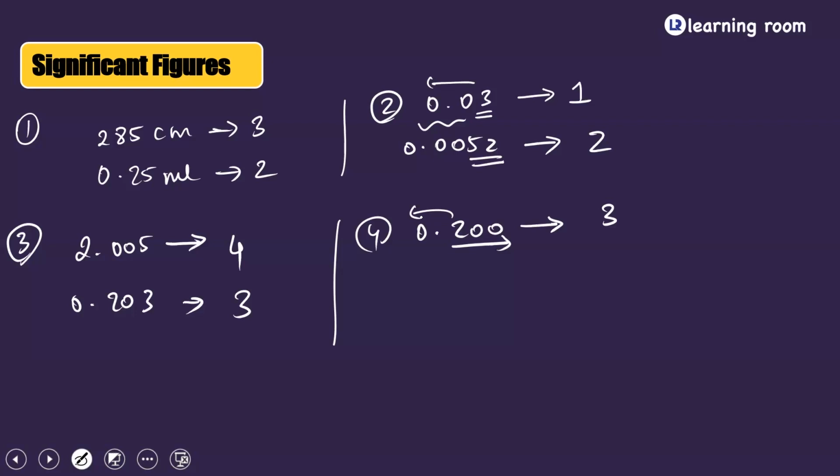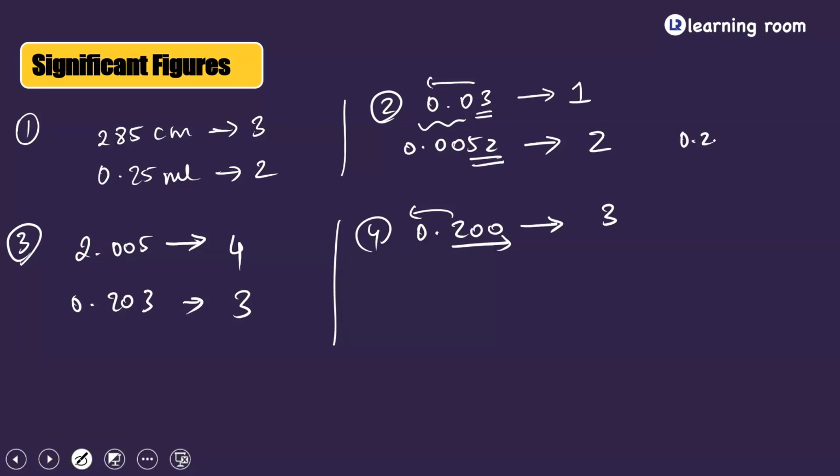But there is a difference. Let's take 200 divided by 1000. But if 0.2, what do you say? For 0.2 into 10 power, you get what? 2 only, right? But how do we know something is there?